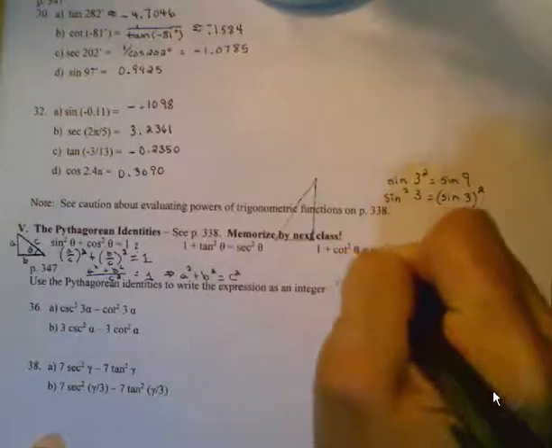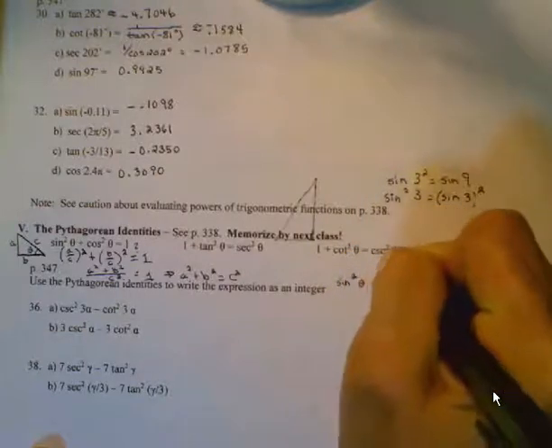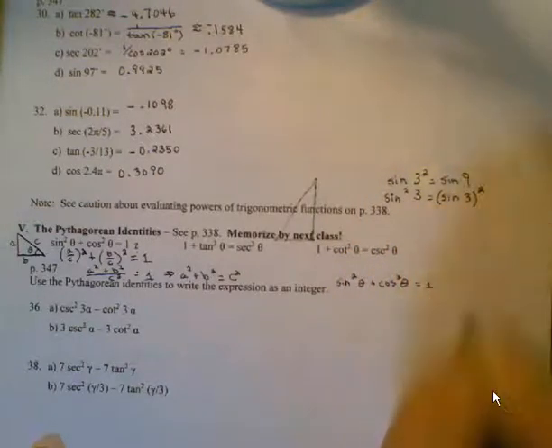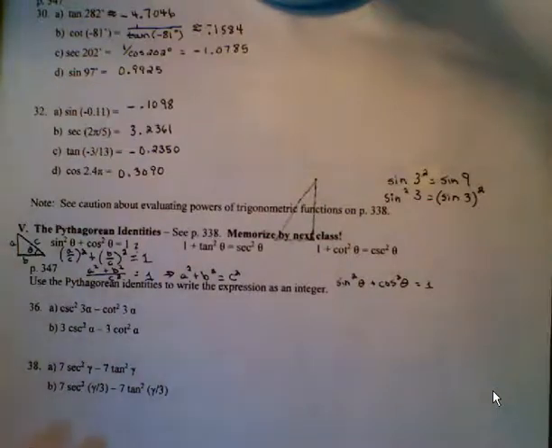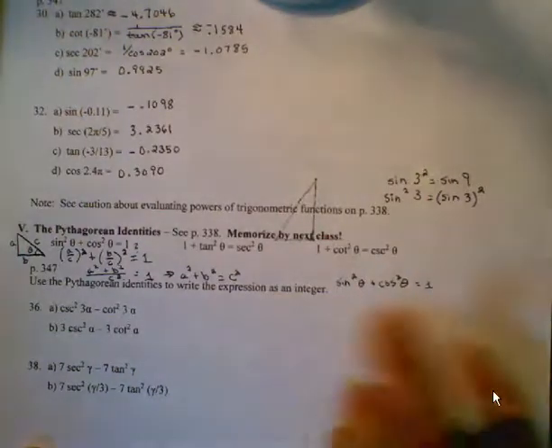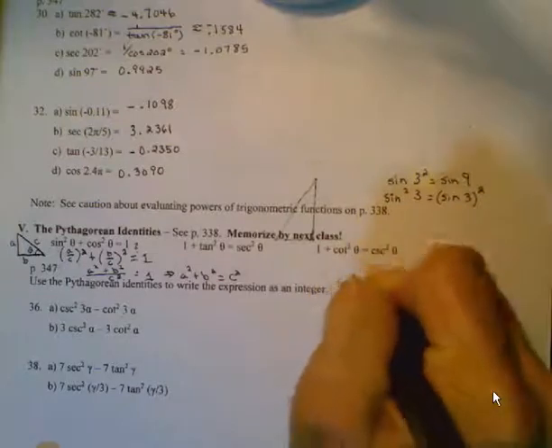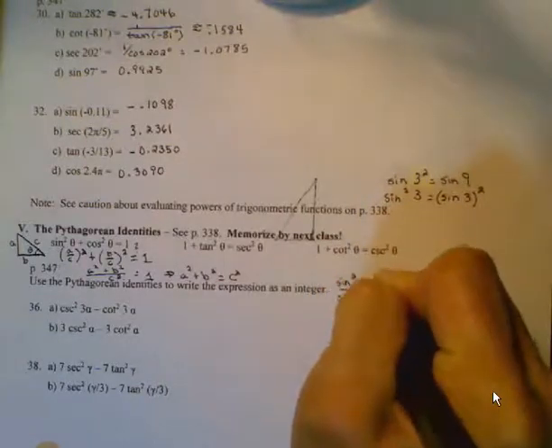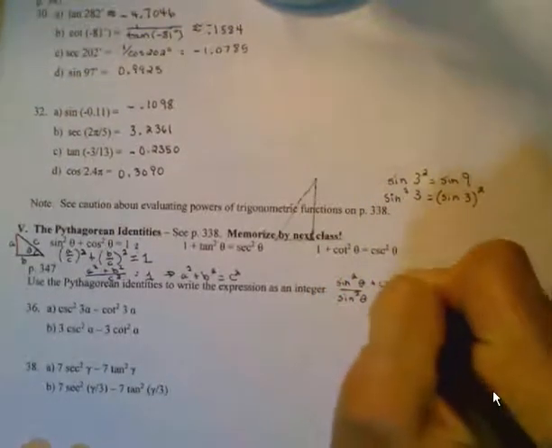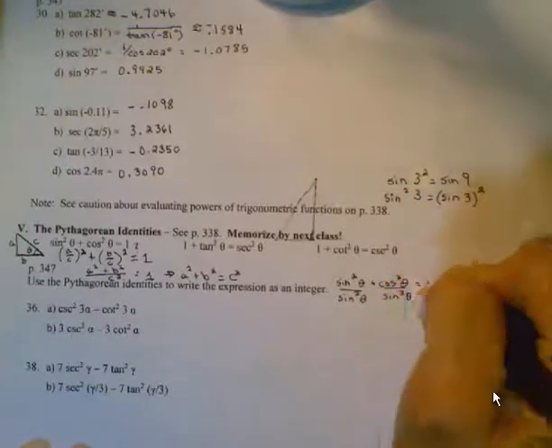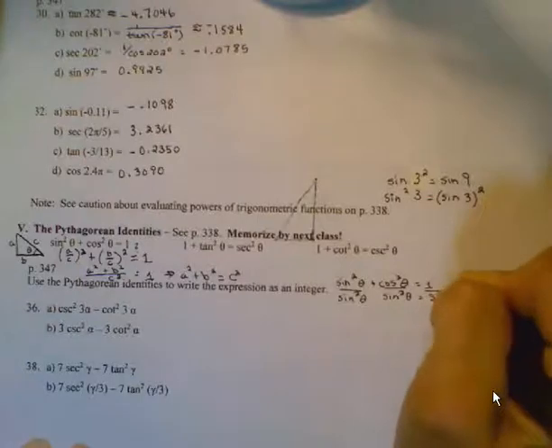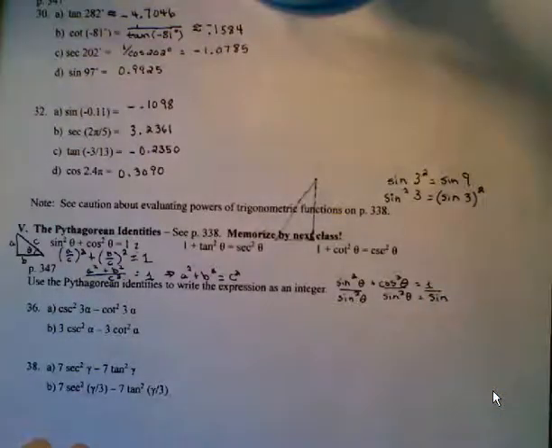Sine squared theta plus cosine squared theta equals 1. If I just divide both sides of this expression by sine squared, I didn't mean to have an equals there.